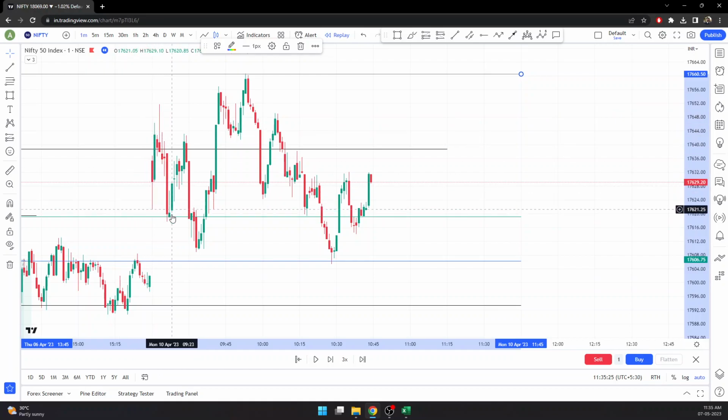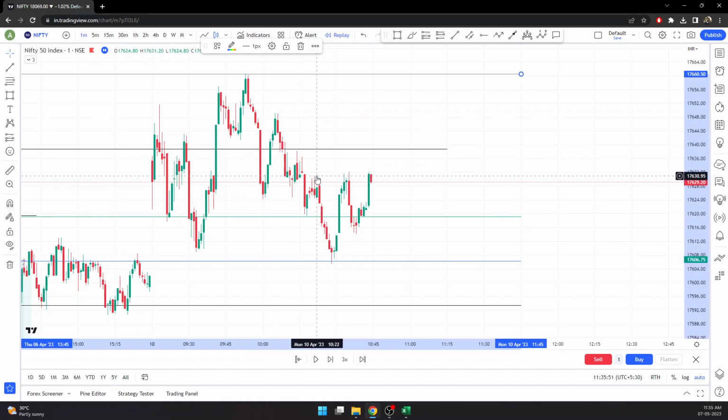We can see some small retracement here, then going back onto the upper side, marking new highs. Then the sellers came in, sellers made their entry. We can see these lows were broken, then we can see some selling again. These lows were broken.